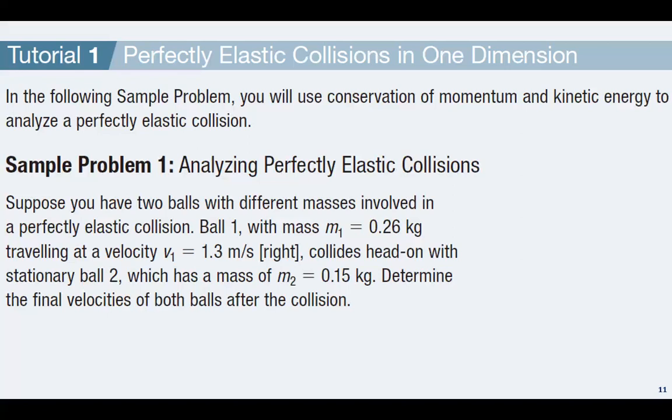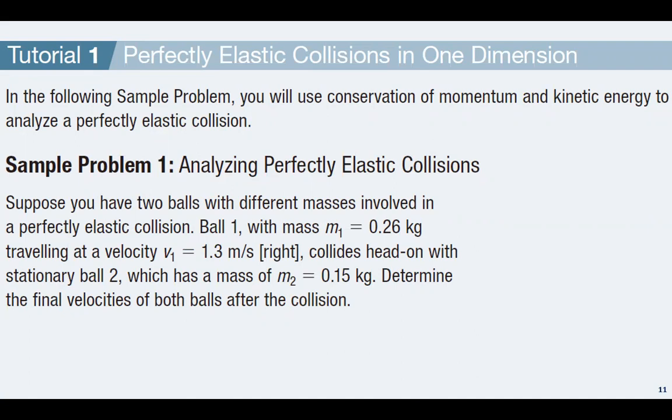First, use conservation of momentum to solve for VF1 in terms of VF2. That means to eliminate one of the unknown quantities, right? Note that we have M1 VI1 plus M2 VI2 equals M1 VF1 plus M2 VF2.